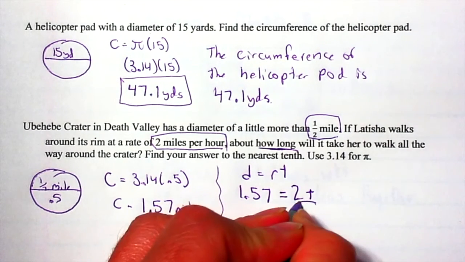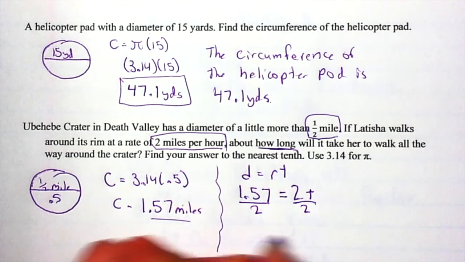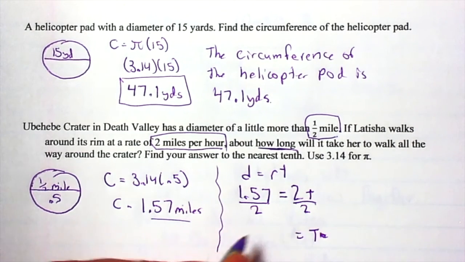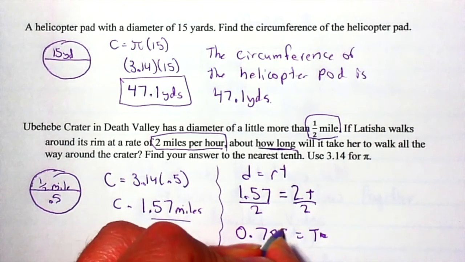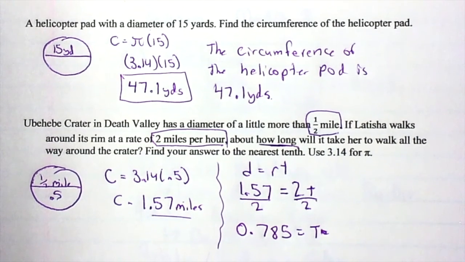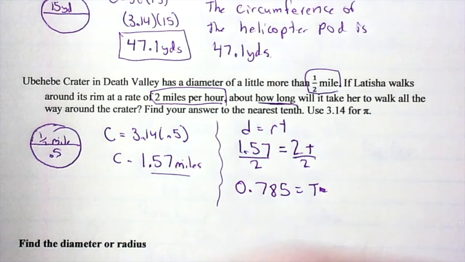Well, I take this, divide by 2. And I get that t is equal to 0.785. Now again, they want this to the nearest tenth, which is one place after the decimal.